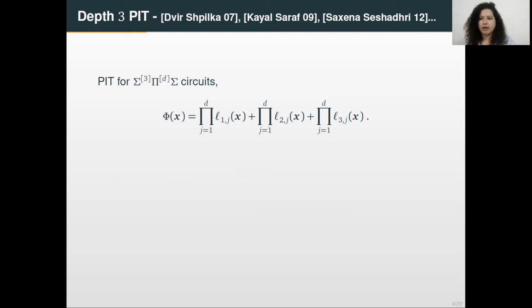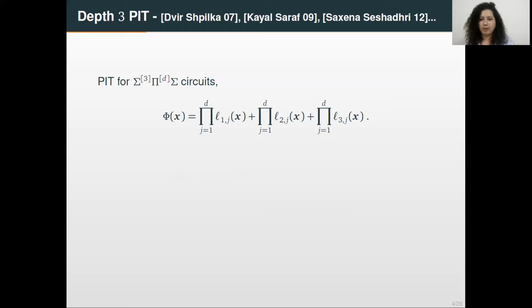I'm not following any specific work, but describing the main idea behind those algorithms. So let us consider a depth 3 arithmetic circuit where the top fan-in is bounded by 3. So the polynomial computed by the circuit, phi, can be represented in the following form. So there are 3 summands.